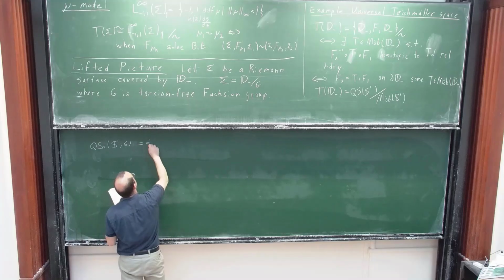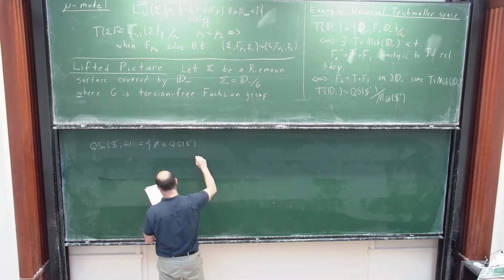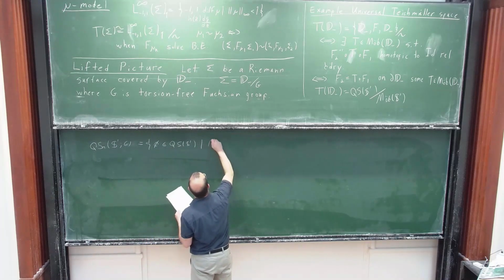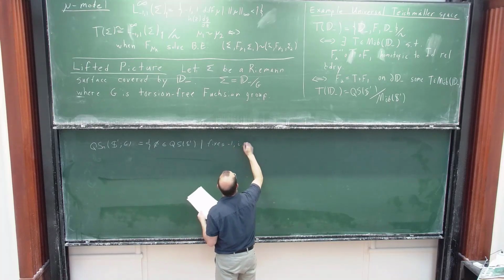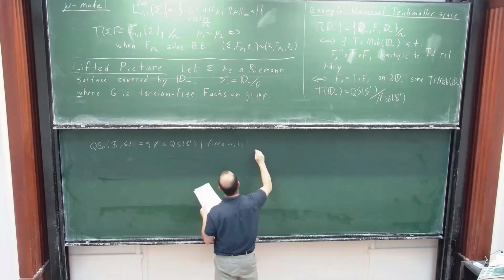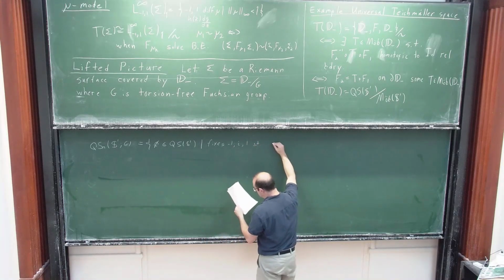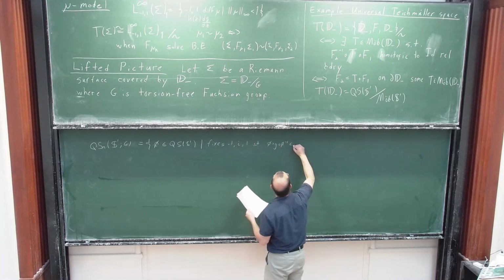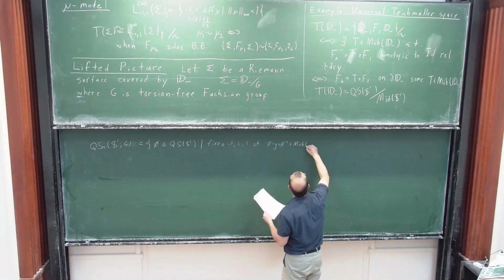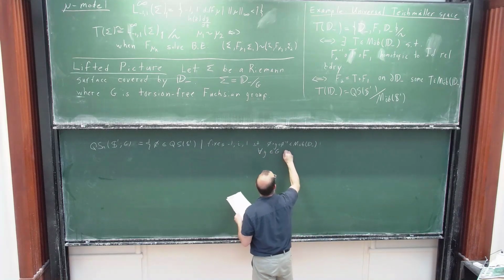So we look at the set of phi, which are quasi-symmetries of the circle, such that it fixes, just pick your favorite points, I don't know, -1, i, 1, it doesn't matter so much, such that phi of G of phi inverse is a Mobius transformation for all G in your group.